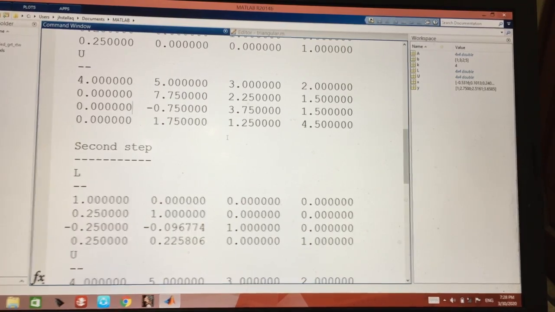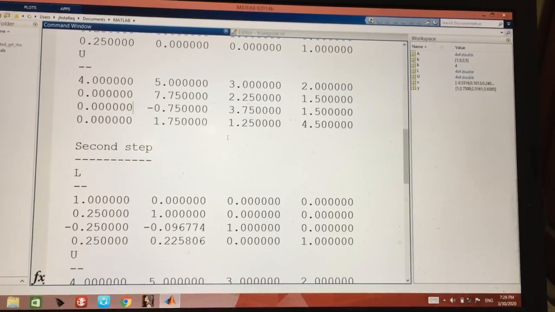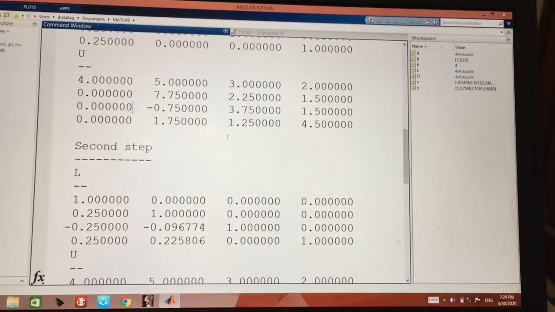Now, in multiplications, if we look at them, these 3 elements, the first is 0.25, and the second is minus 0.25, and the third is 0.25. Now we insert them in here. We come to L.